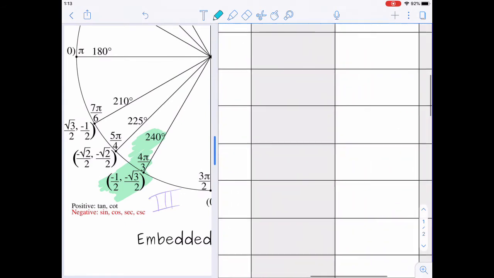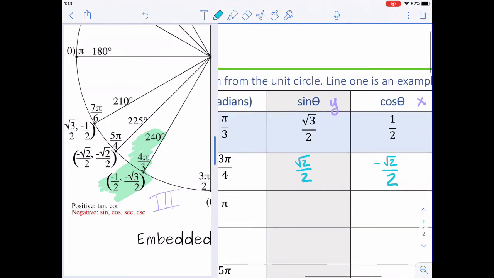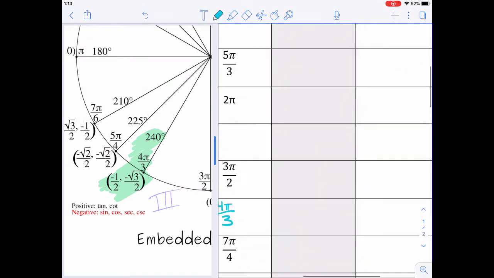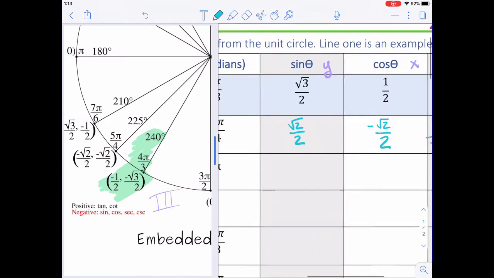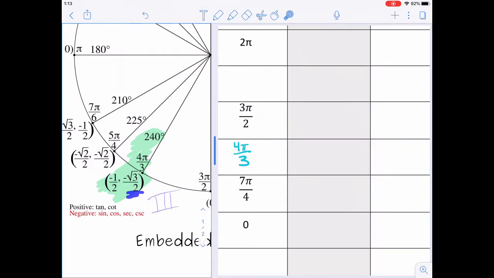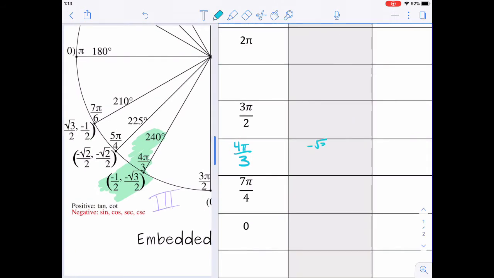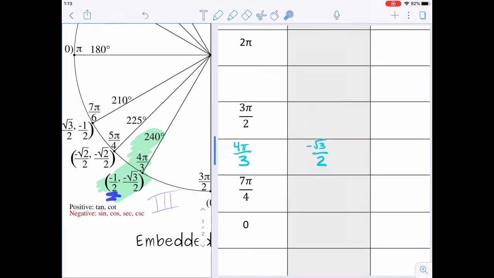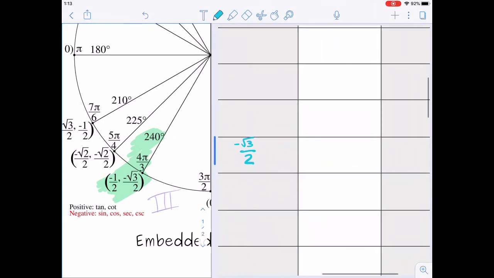The next one is sine, which is our y. So for 4 pi over 3, we're looking for our y, so it's negative root 3 over 2. Next it asks us for cosine, which is our x, so it's negative 1/2.